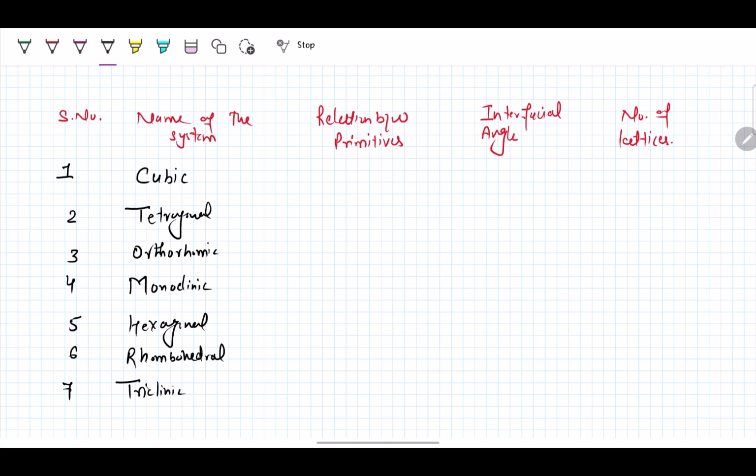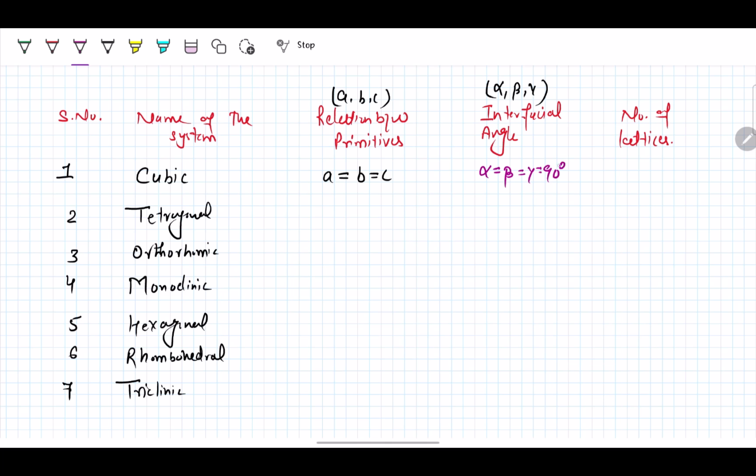And what is the relation between their primitives? Primitives are represented by A, B and C, the lattice parameters, and the interfacial angles alpha, beta and gamma. In the case of the cubic crystal system, A equals B equals C, and alpha equals beta equals gamma, which also equals 90 degrees.